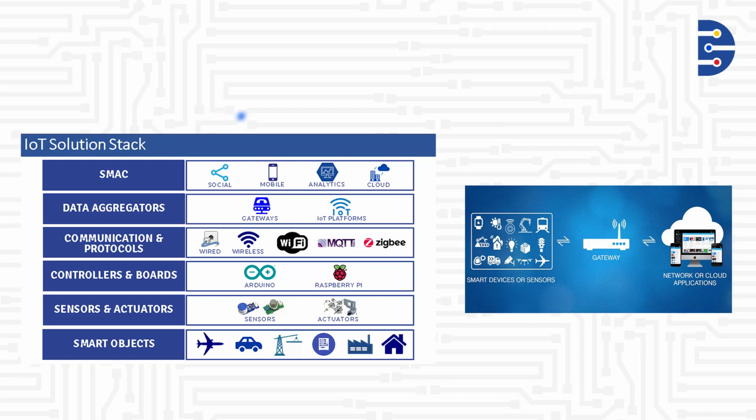The fifth layer of the IoT solution stack is the layer of data aggregators, known as IoT gateways, and in further applications, IoT platforms. Now, what are gateways and why do we need gateways?